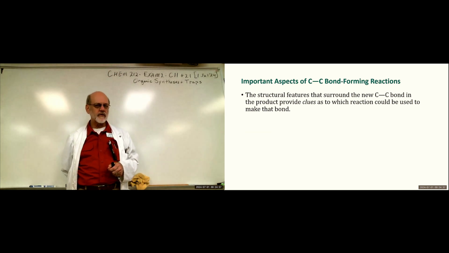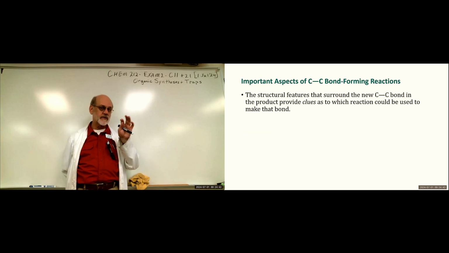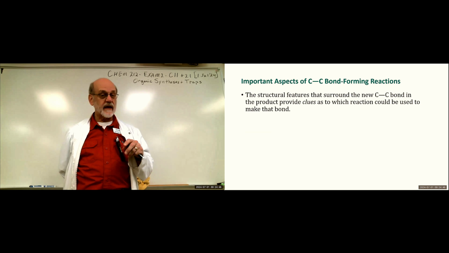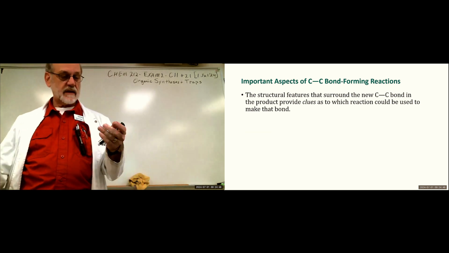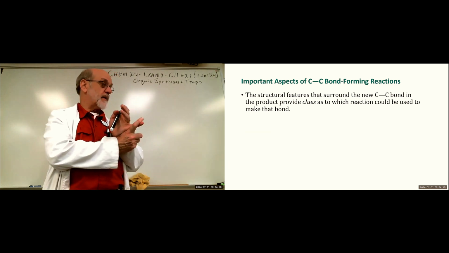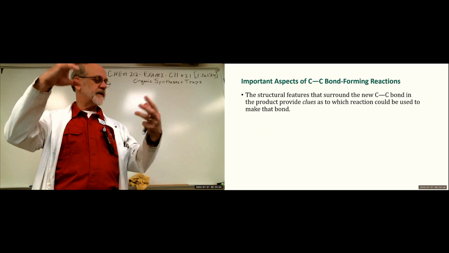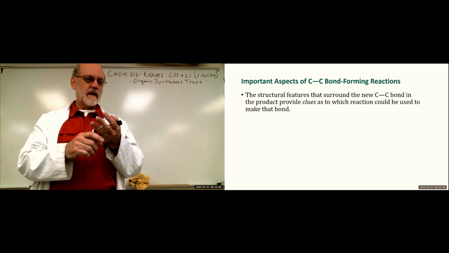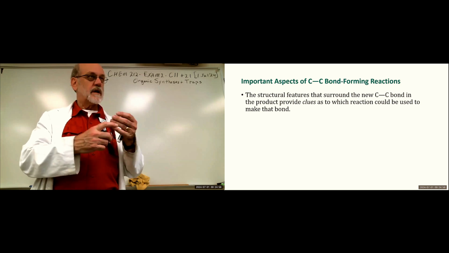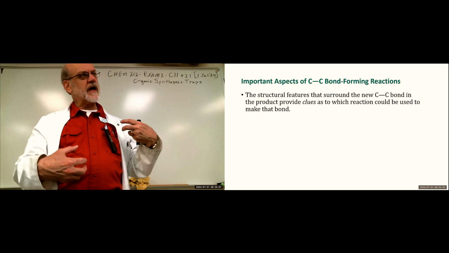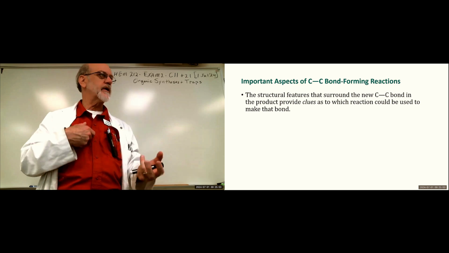You look for structural features that surround the new carbon-carbon bond in the product to provide clues as to which reaction you're going to use. And that includes things like stereochemistry. Do we have any bulky things sitting in the way? Also, if it's a certain type of reaction, is it going to give us the wrong stereoisomer?